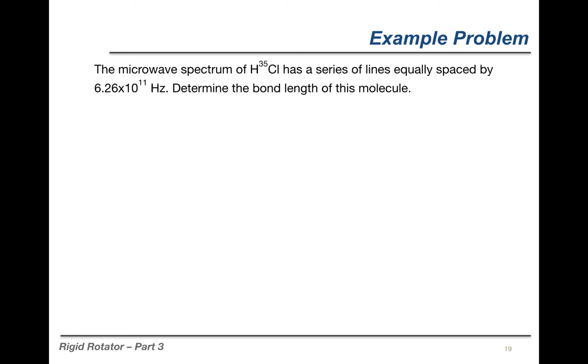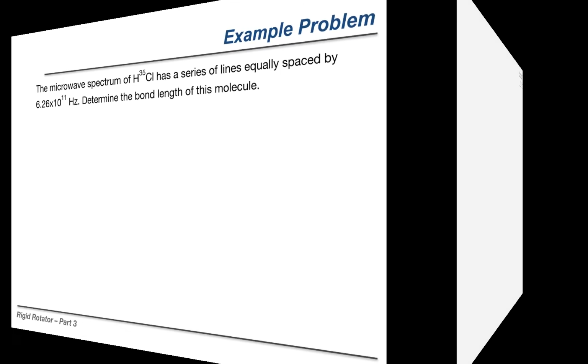We're going to study a particular isotopologue, the one that has the chlorine-35 isotope. And what we determine from the spectrum is that the lines in the spectrum are equally spaced by 6.26 times 10 to the 11 hertz. Again, that's a frequency that's within the microwave region of the electromagnetic spectrum. So let's turn and see how we could work through this problem to determine a bond length of this molecule.